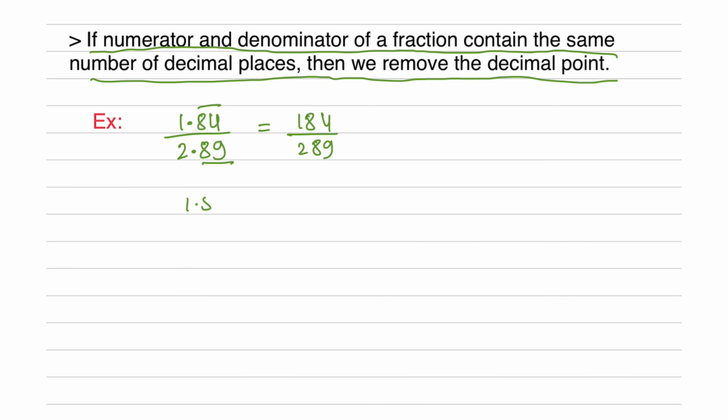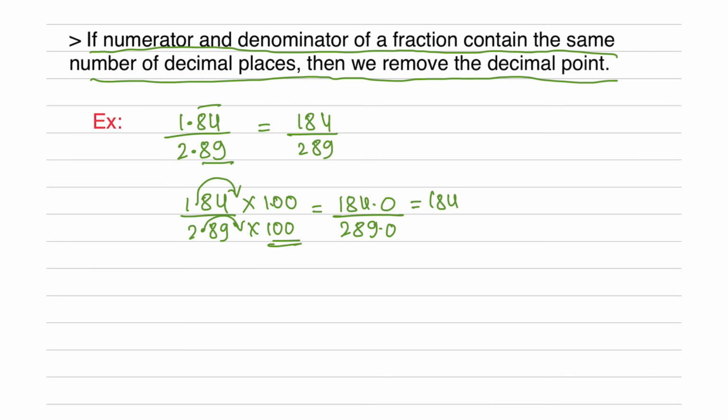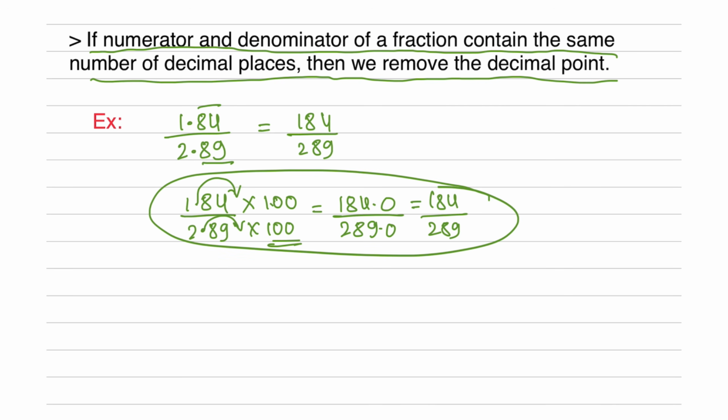If it is 1.84 and 2.89, and you multiply by 100, the decimal goes away after 2 decimal places, so it will become 184.0, which is 184 only, and this also goes away after 2 digits because here we have 2 zeros. So it will be 289.0, means 289. So without doing like this, directly we can write by cancelling the decimal points.